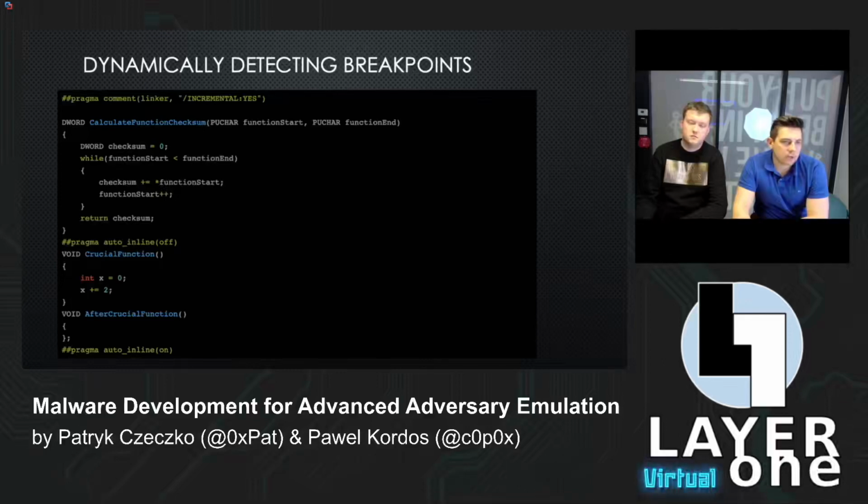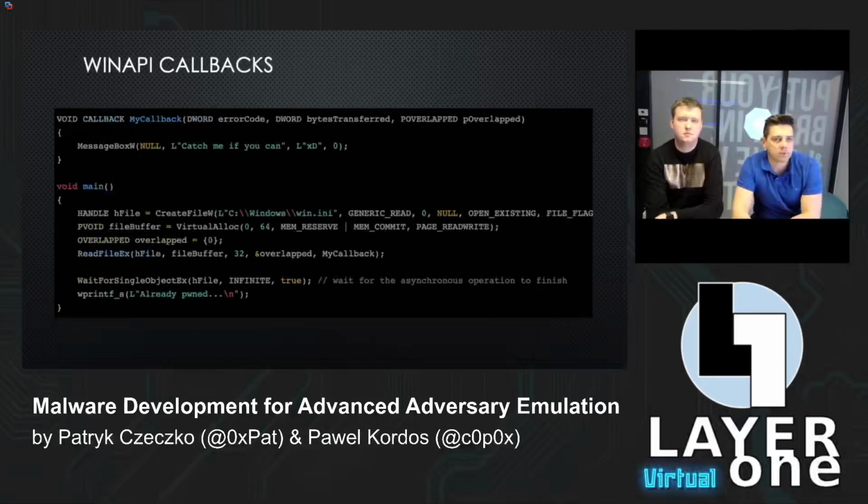So we could calculate the checksum of all the bytes of the function, starting here, so the beginning of this crucial function, and ending here, because the beginning of the next function is the end of this crucial function. So we could check the bytes to see if they were changed in memory, because if there's some software breakpoint placed in this function, the specific opcode would be present and the checksum would be different. So that's some cool feature.